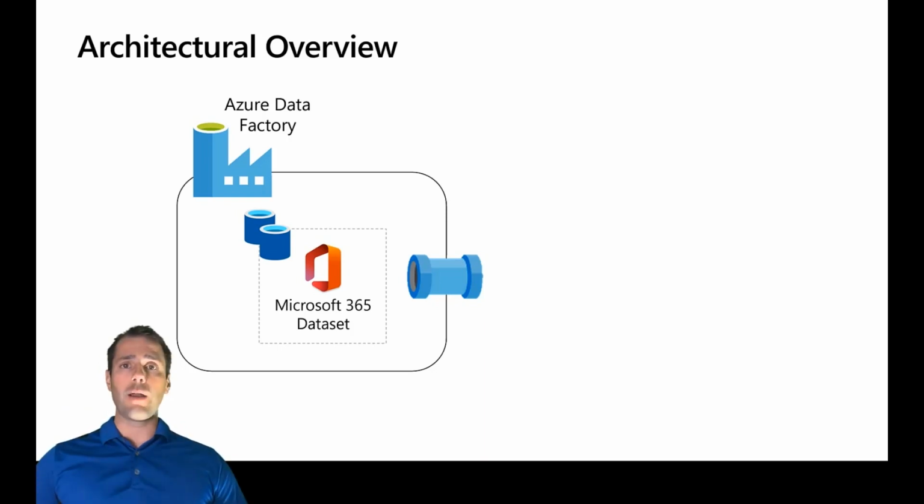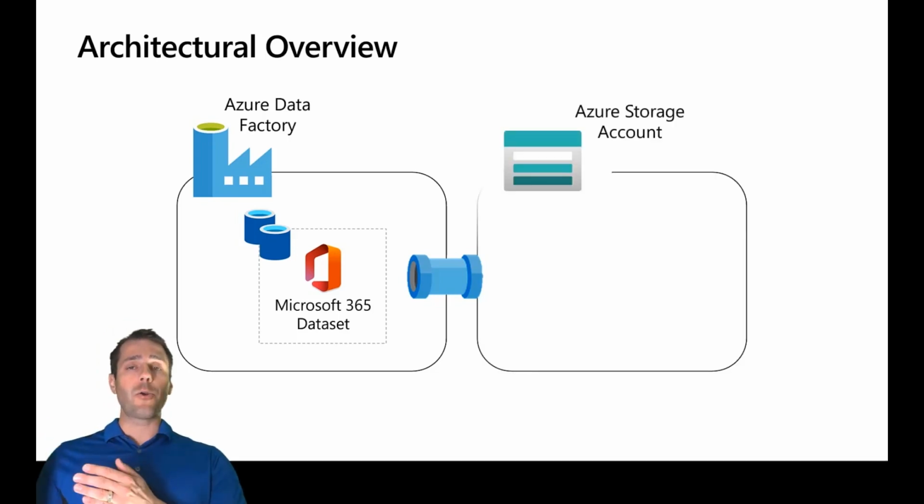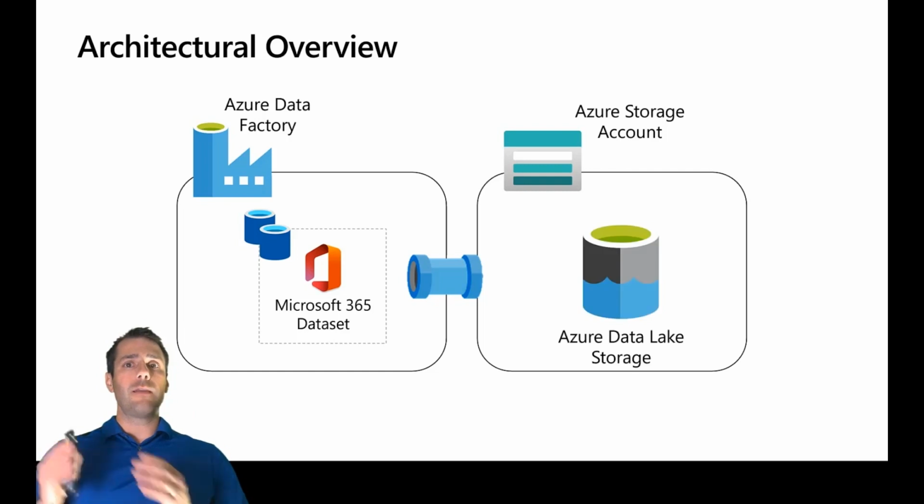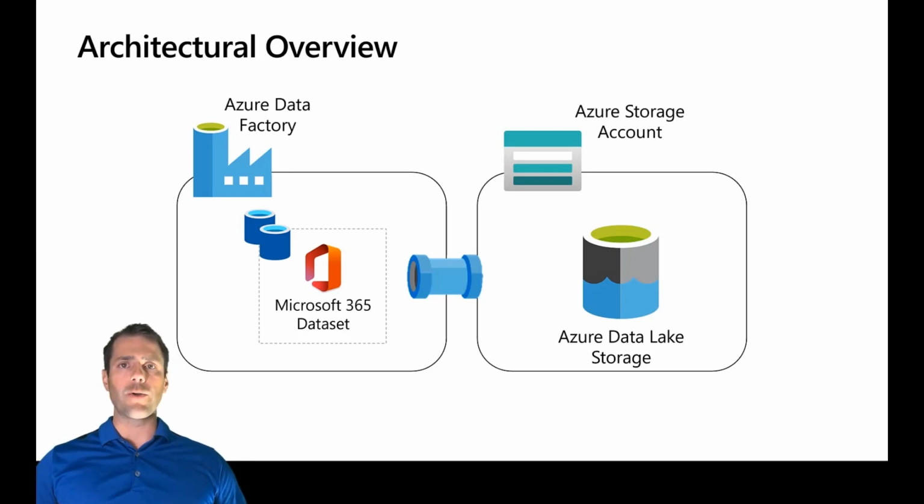You can pick any of the available data sets, such as emails, for example, would be one example of a data set we can export. Then on the other end, we're going to create an Azure storage account where the exported data set is going to be stored as a raw JSON file. In that storage account, we're going to define a container, in our case, an Azure Data Lake storage for some of the demos we're going to do later on.